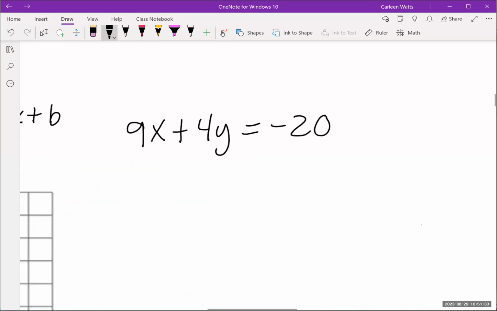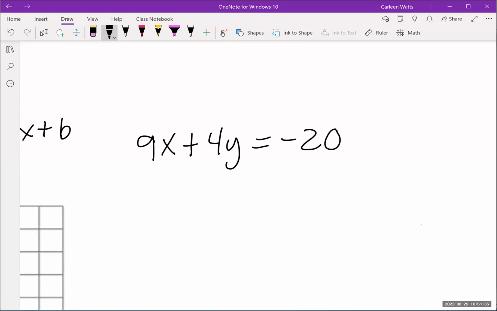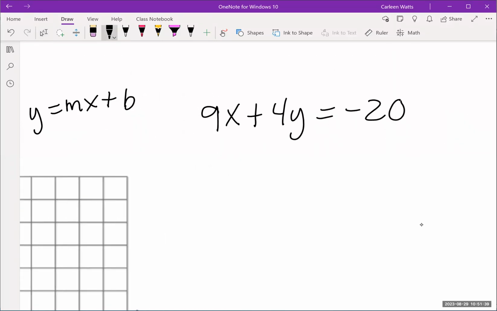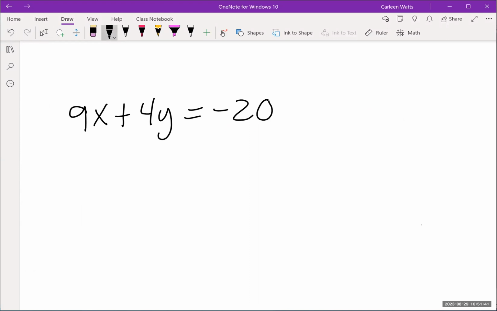Okay, so what am I going to do first? Okay, so stop. Okay, so step number 1, subtract the x's. So draw a line down your equal sign, minus 9x, minus 9x.